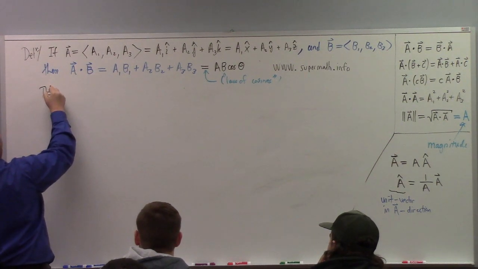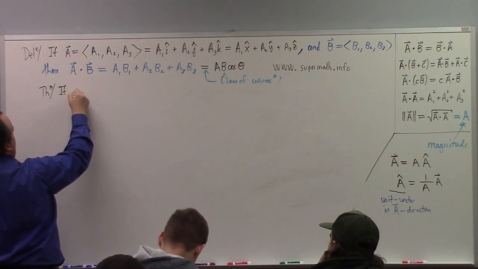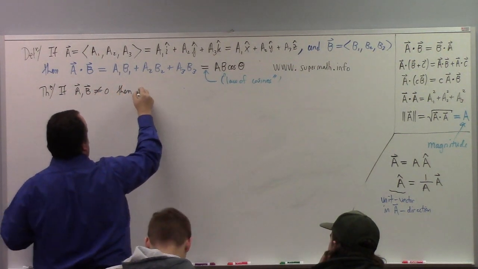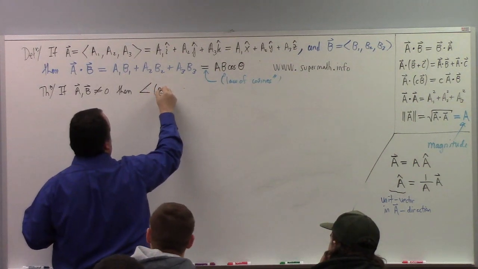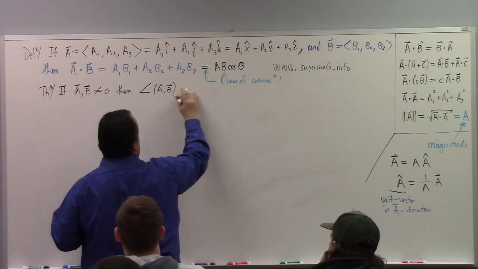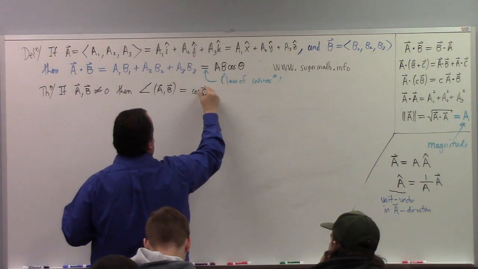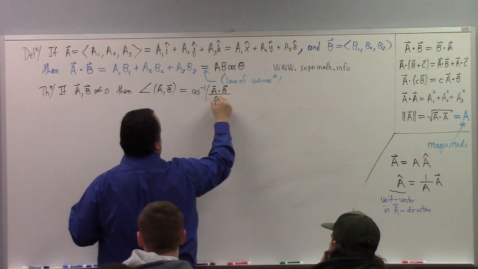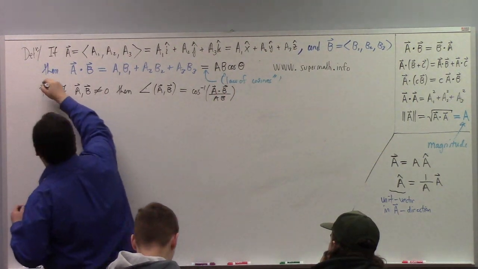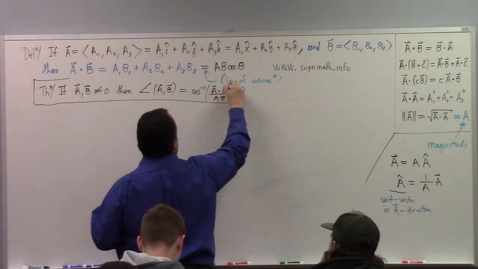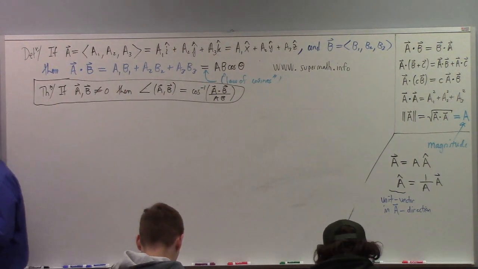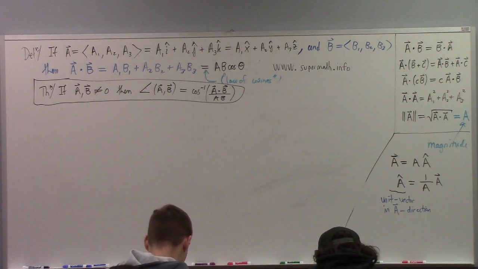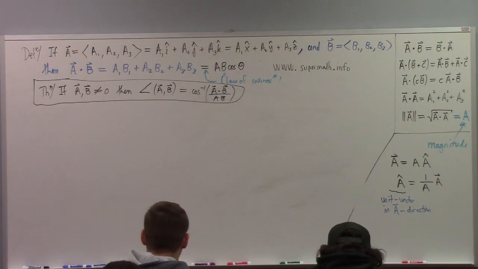Theorem: if A and B are not equal to 0, then the angle between A and B is equal to the inverse cosine of A dot B divided by AB. To find that theorem, all you do is take the formula we just derived, divide by AB, and take the inverse cosine of both sides.